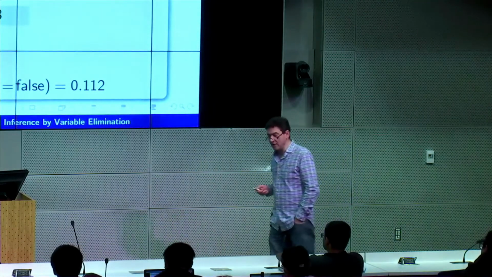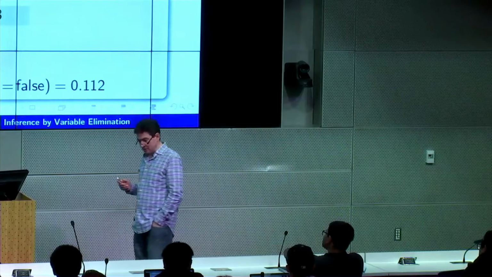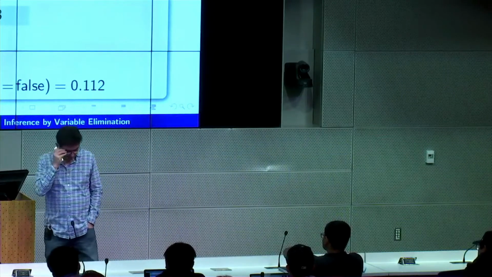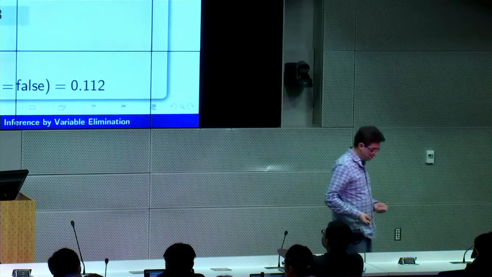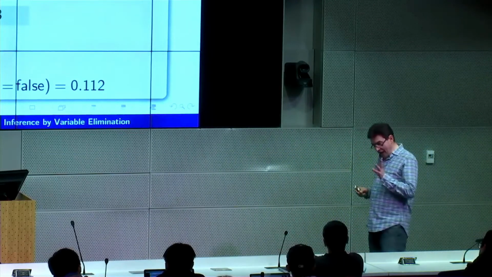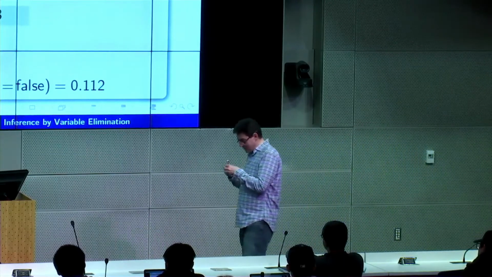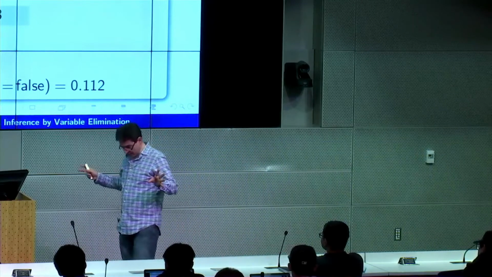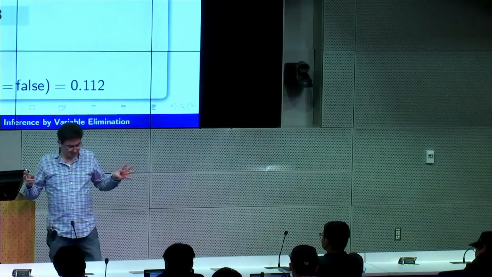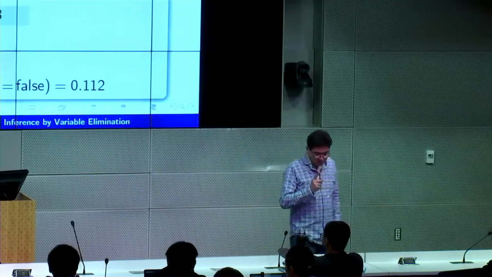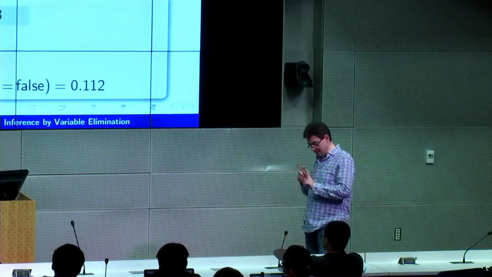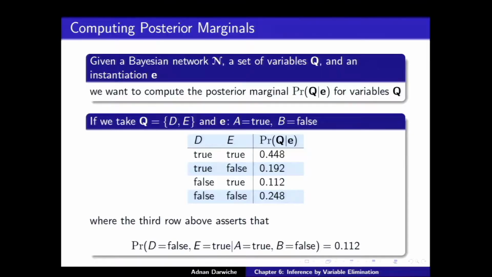Let's now show you how you can do evidence, because it turns out to be also very easy. Because now we're doing just marginals, but typically you have evidence and you want to compute posterior marginals. And really, it's going to boil down to 2 observations that we're going to make. And then you put them together with what we did, and you're there. The first observation is this, and this is an interesting one.